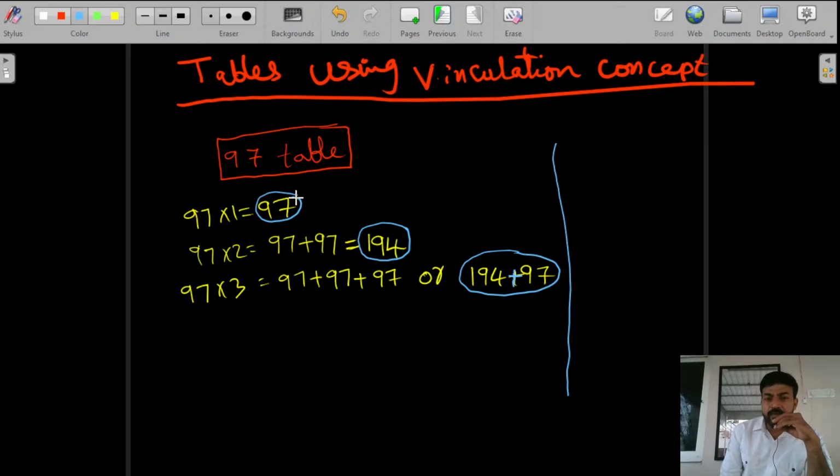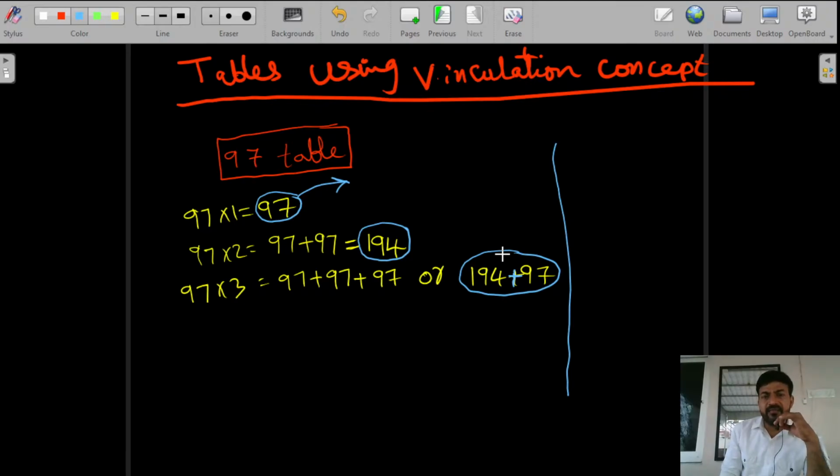So if you convert this into lower digits, handling lower digits is comparatively very easy compared with handling higher digits. If you convert this 97, that means 9 and 7, into smaller digits, the addition of 97 becomes easy.